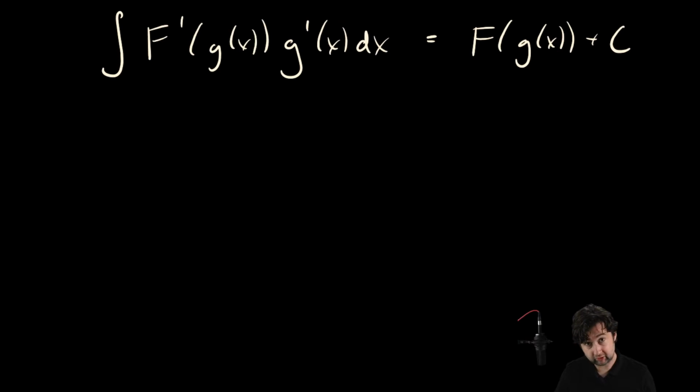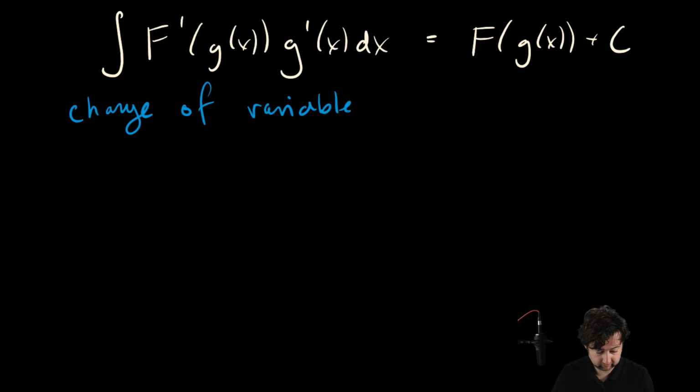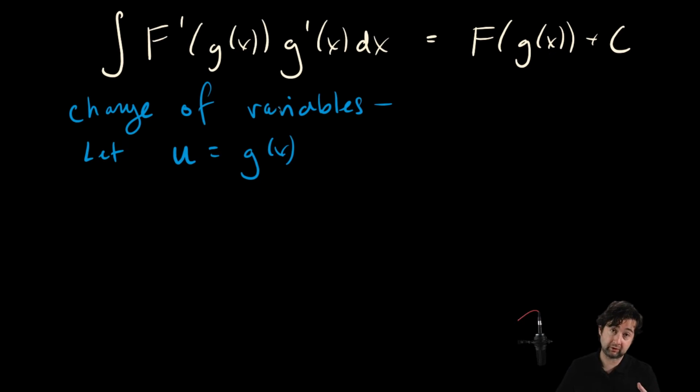So what I'm going to do is a strategy called change of variables. I'm going to introduce a new variable, and that new variable is going to be u. So let's just let u be equal to g of x, and we'll see what the equation above looks like when we've done that.